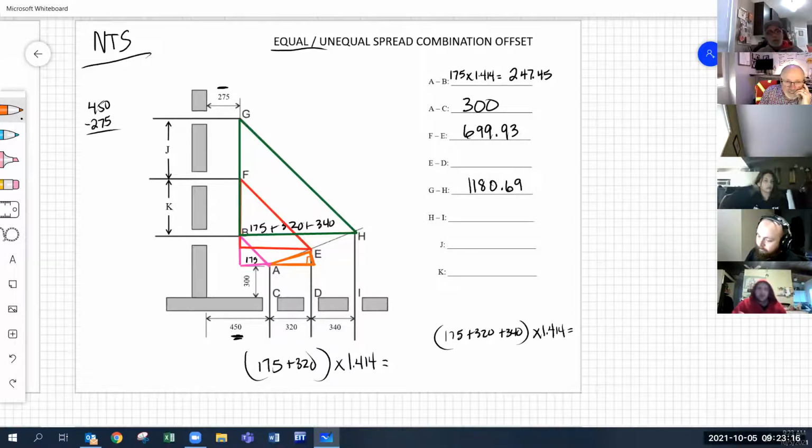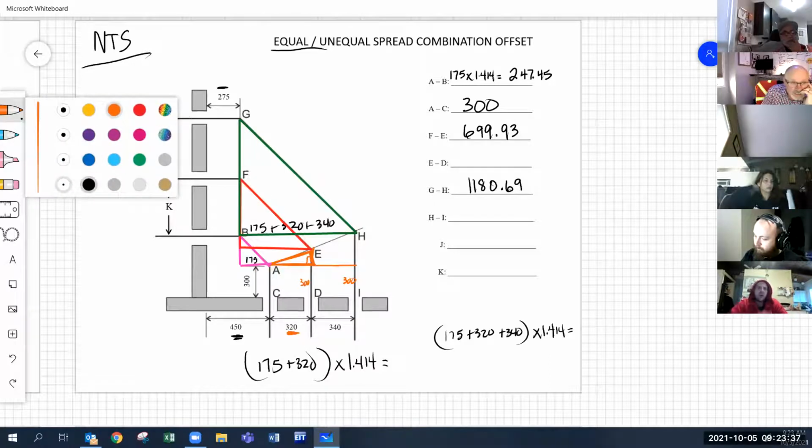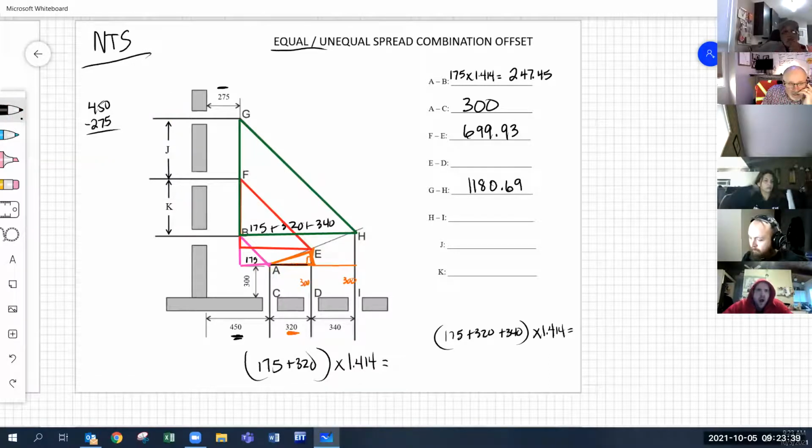So I need this side right in here, this little side opposite. I have a run of 320 in there, right? So I'm going to extend this line through all the way because I know that this is 300. So I'm going to take my run that is in right here to get my rise.